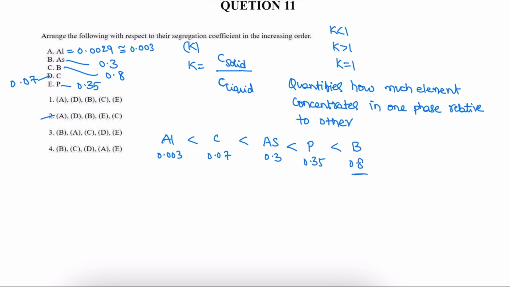So boron has the highest segregation coefficient in this comparison, and aluminum has the least. The correct option is 2.